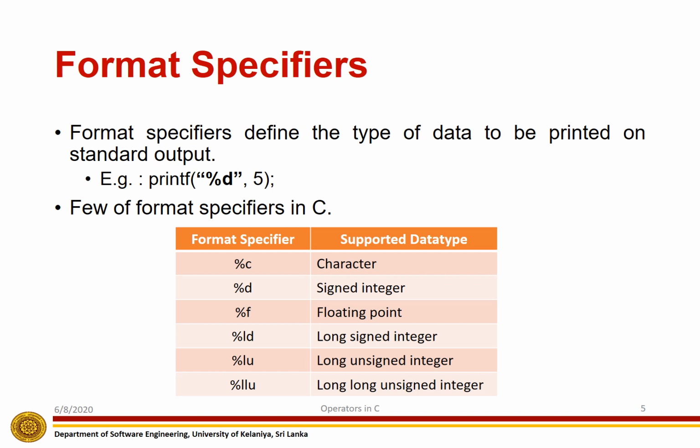There are other format specifiers for other data types in C. These are only a few for your knowledge. Signed, unsigned, long signed, long unsigned are all different kinds of integers. We will discuss those in the next couple of slides. Now just get the idea and the notations of the format specifiers.